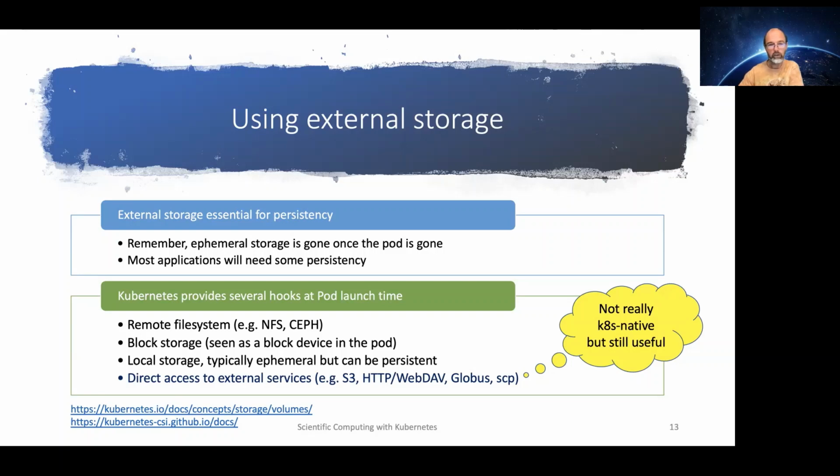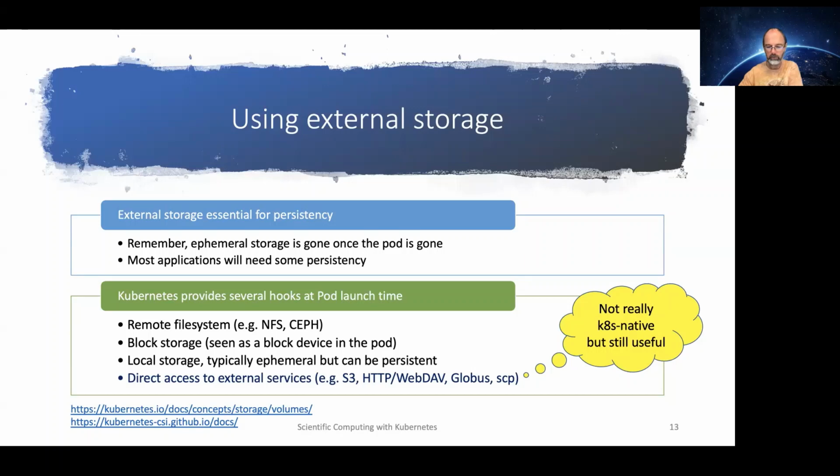There is always local storage, which is typically ephemeral, but for some applications, it may be possible to configure your local storage that will persist across pod invocations. For example, if you have a node-locked service that needs to be really fast, that's an option to go, but it will severely limit you in what you can do because you cannot move that storage between nodes.